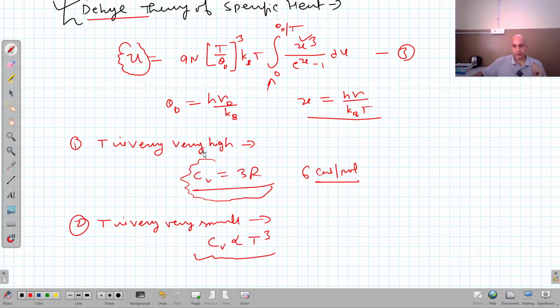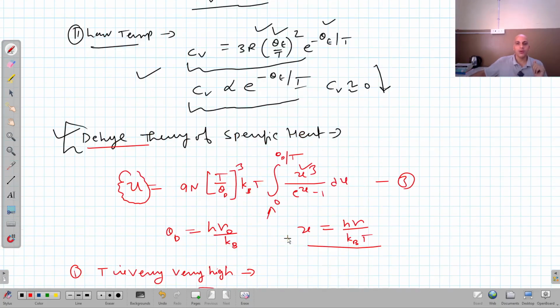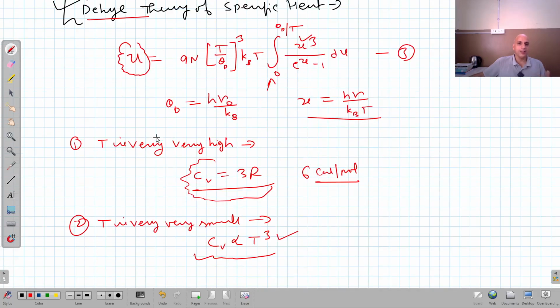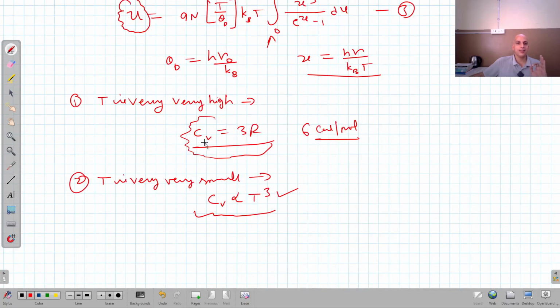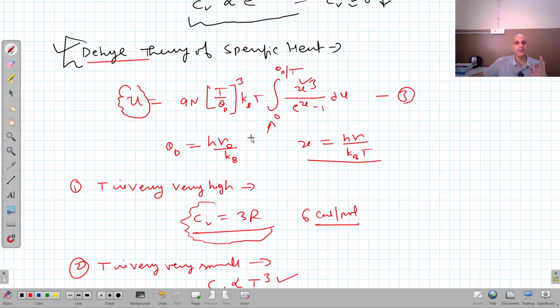We have to remember that this is the Debye T cube law, unlike the Einstein theory at low temperature. But at high temperature, all three theories, classical theory, Einstein theory and Debye theory, gave the same result, that Cv is equal to 3R, that is Dulong and Petit's law.